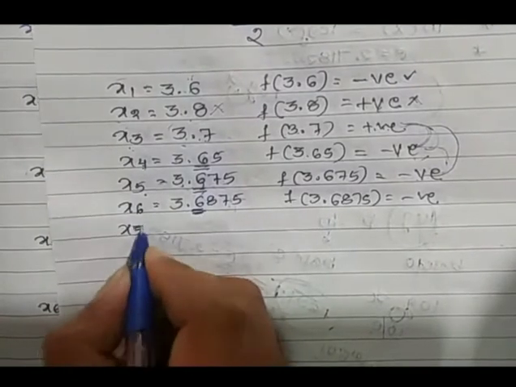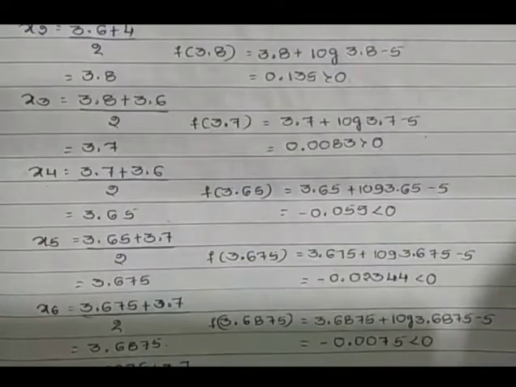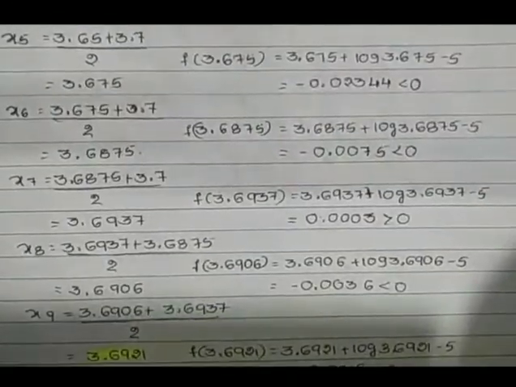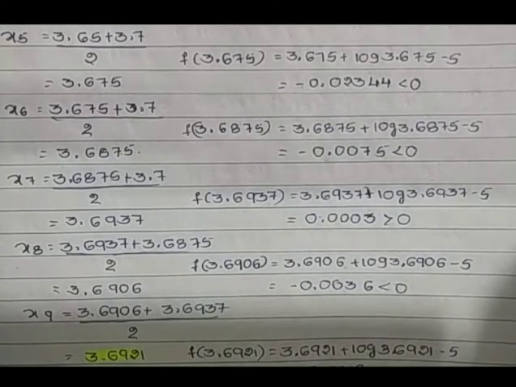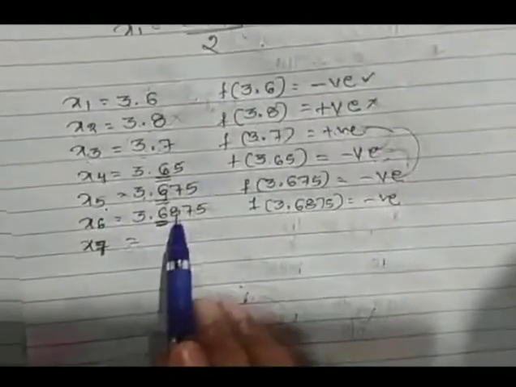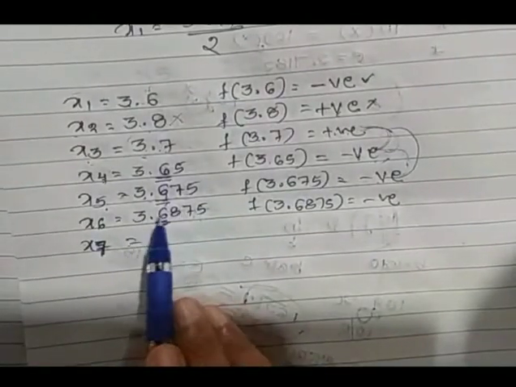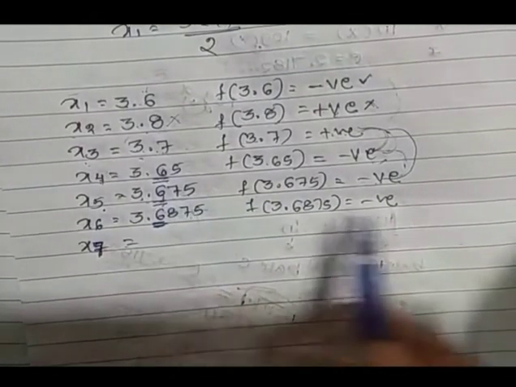So go for seventh approximation. For seventh approximation, what can we consider? Consider previous one, that is 3.6875, which is giving us negative.